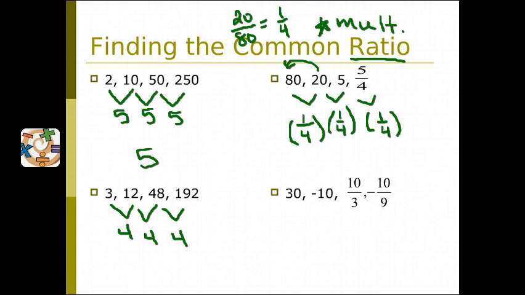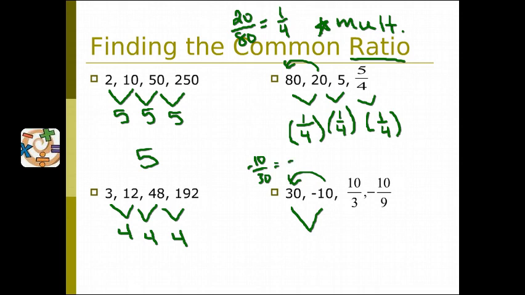In our last example, again, we are trying to figure out, how do we get from 30 to -10? First clue should be that your first number is larger than the second number, so we're going to be working backwards here. Well, what is -10 divided by 30? That equals -1/3.